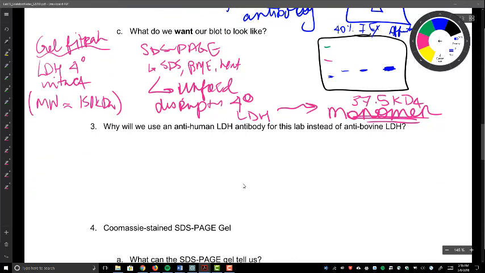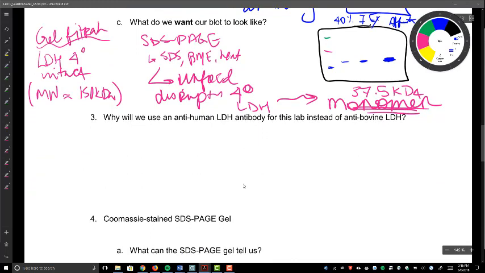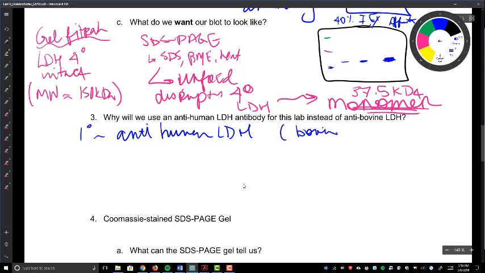And then one last question I want to answer about the Western blot is, first of all, to clarify that our primary antibody is anti-human LDH, even though we're using bovine LDH. And why is that the case?